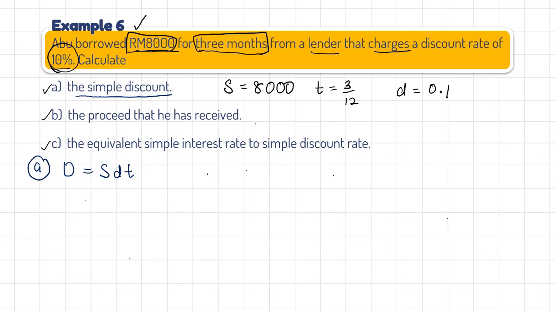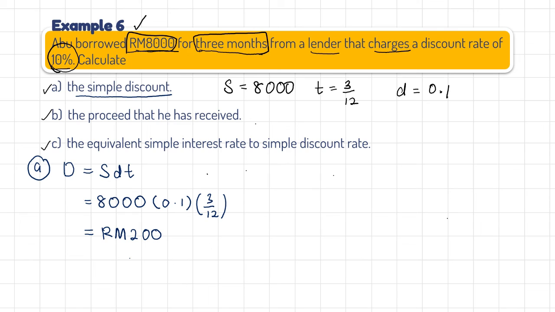Then we put all the information inside the formula and we will have 8,000 times 0.1 times 3 over 12. Just press your calculator and you will get RM 200 ringgit. You need to put the unit for discount, which is RM.